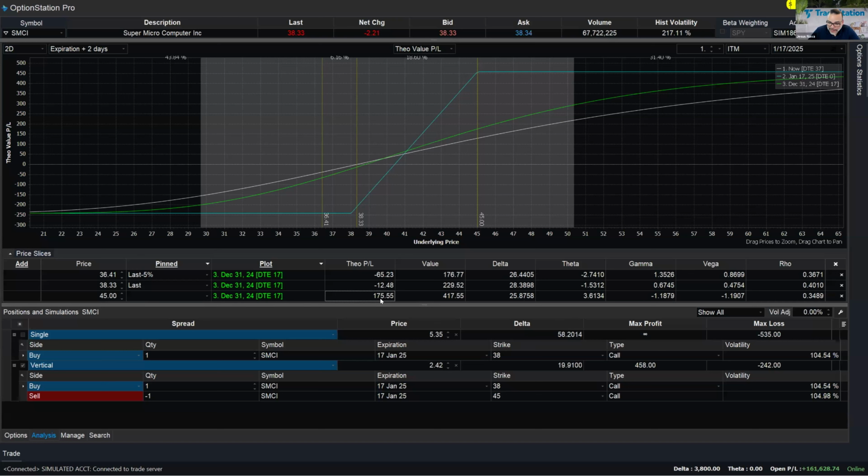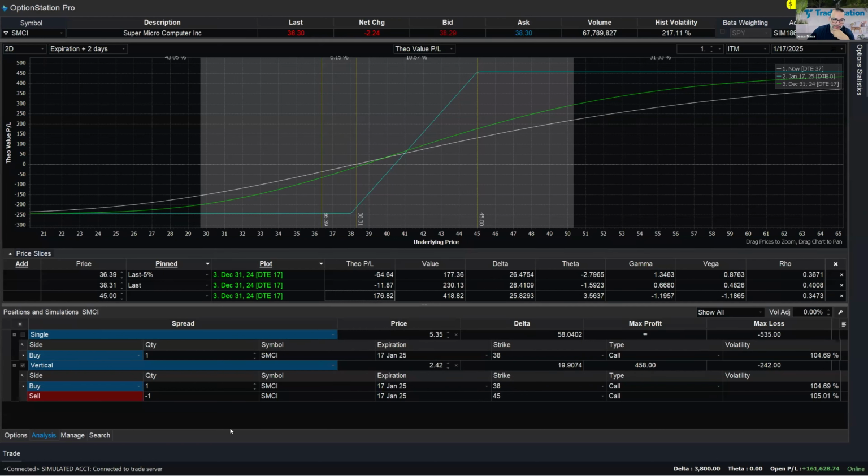Now, if I take that 175 and divide it by the original investment, which is 242, it gives us about a 72% return on initial capital. So again, that's if all this hypothetical scenario were to come true, which has to be taken with a grain of salt and a realistic stance. How likely is it for Super Micro Computer to go up to 45?